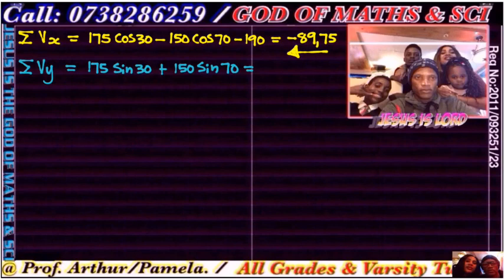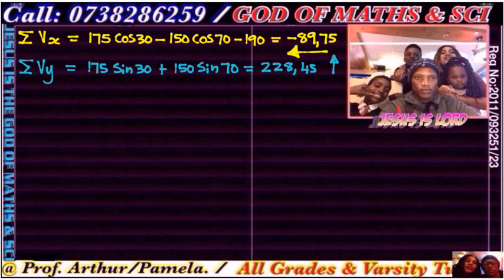And then the bluish one, 175 sine of 30 plus 150 sine of 70. You must verify what I'm doing. How much are you getting? Are you also getting 228,45? It's positive, isn't it? Meaning upwards. We good?